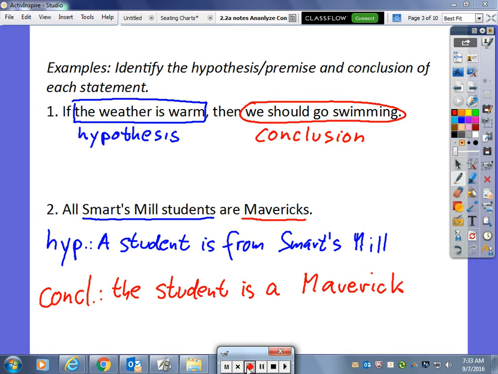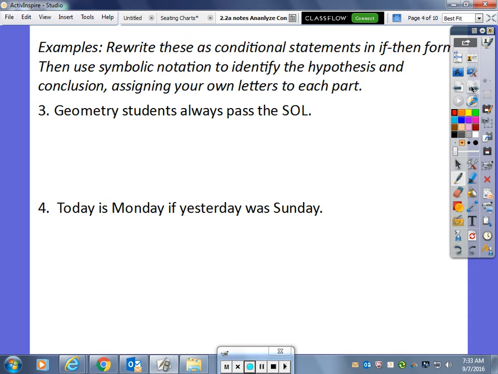In the next two examples, we are going to practice rewriting a conditional statement in if-then form. And then we're going to use symbolic notation to identify the hypothesis and the conclusion. Let's look at our first example. Geometry students always pass the SOL.